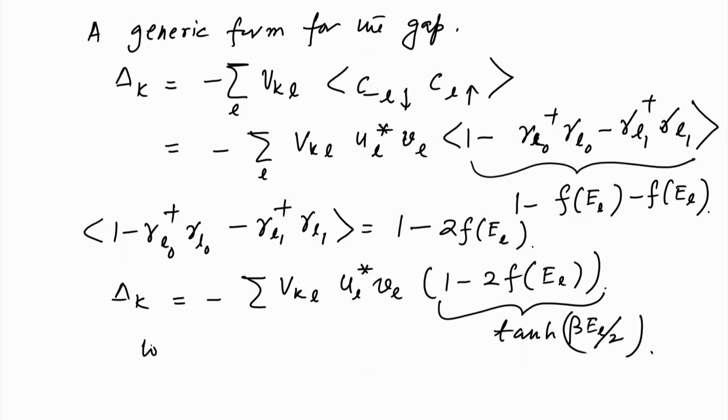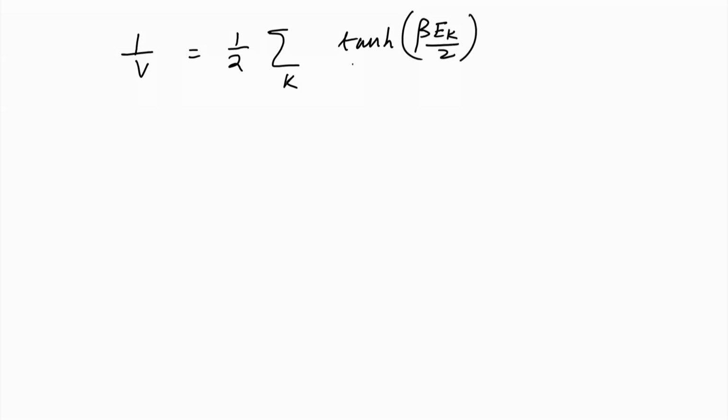So, with V k prime equal to minus V, which is Cooper's assumption, I get this equation as 1 over V equal to half sum over k tan hyperbolic beta E k by 2 by E k, again converting that sum into the integral and using the density of states to have a value that is at the Fermi level.